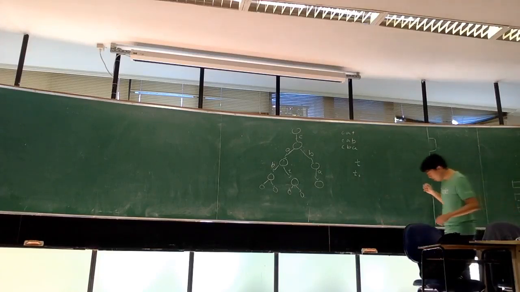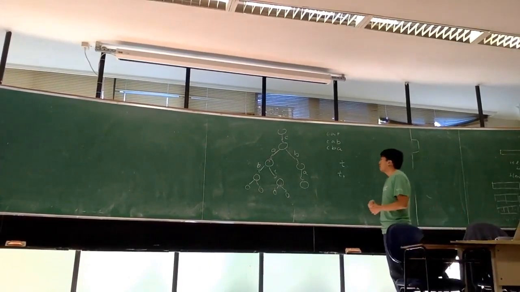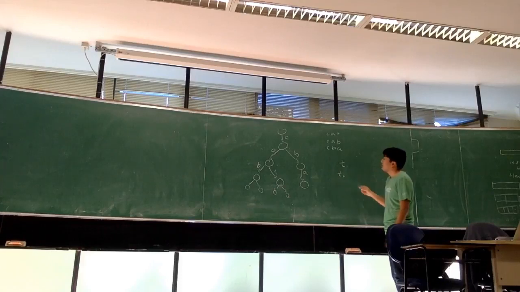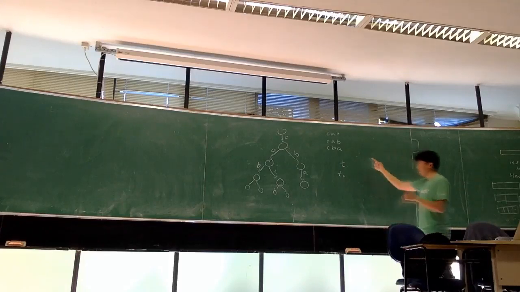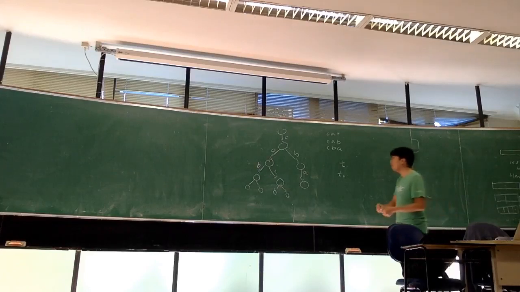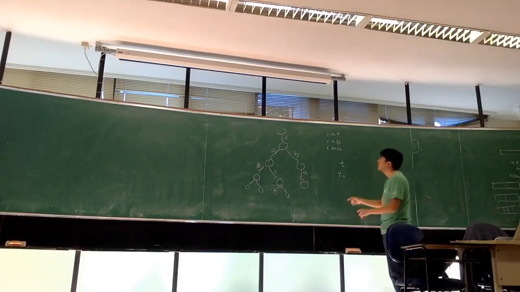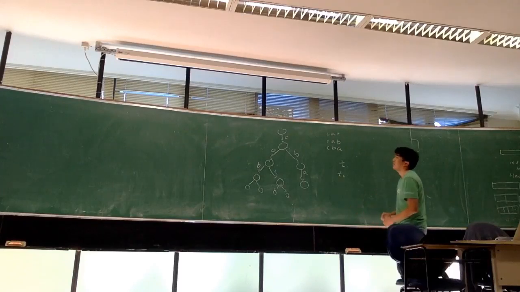Right? But this will take linear time for each TS, and since we have T such TSs, it will take quadratic time in the length of T. But we can do better. Instead of walking down the trie path node by node, what we can actually do is binary search on the nodes of the trie.